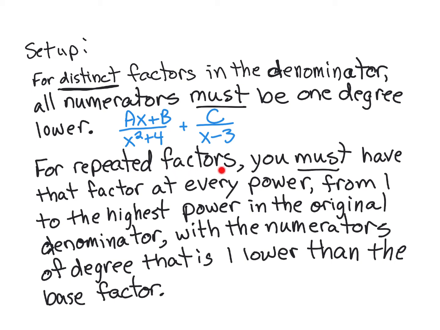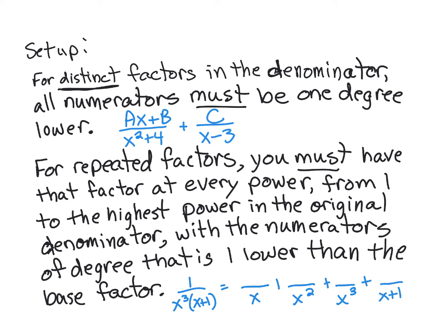Now, if you have repeated factors or a blob to a power, you must have that factor represented in your decomposition to every power starting with 1 and going up to the power that you see in the original denominator. In other words, if you have x cubed, then you have to have a fraction with an x, a fraction with an x squared, and a fraction with an x cubed.